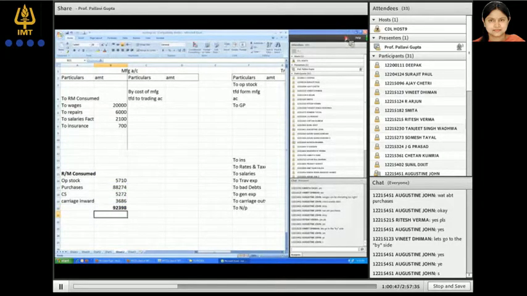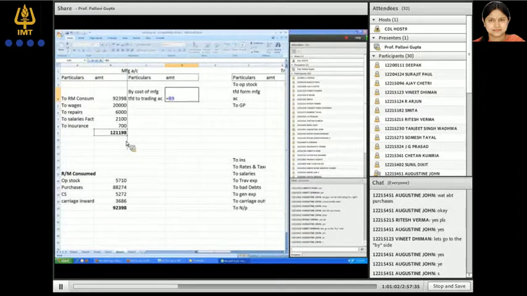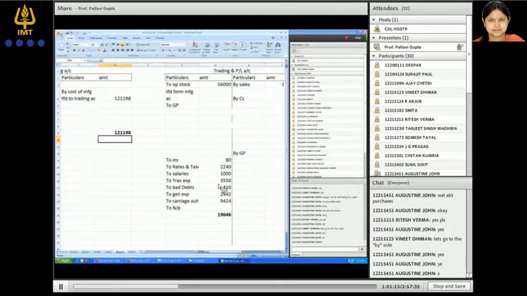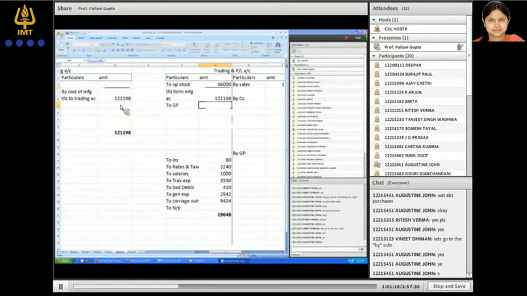That gave me the raw material consumed. This raw material consumed I will place here. And this total would be the cost of goods manufactured. This is the cost of goods manufactured. This cost of goods manufactured would be transferred to the trading account from here to here.